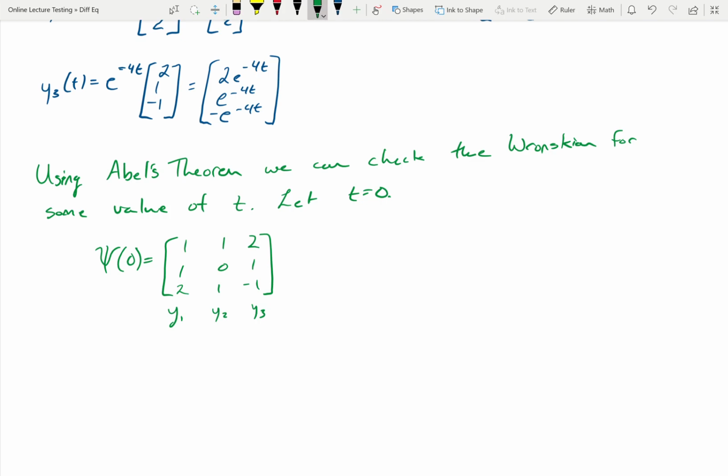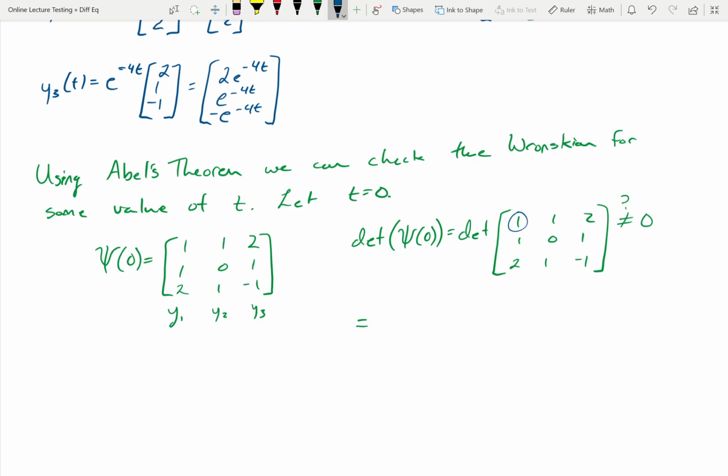All right. So we're going to do the determinant of psi evaluated at 0: 1, 1, 2, 1, 0, 1, 2, 1, negative 1. So again, I'm going to go through the calculation with you guys to show that it's not equal to 0. That's what we want to happen. So I'm going to put a question mark there.